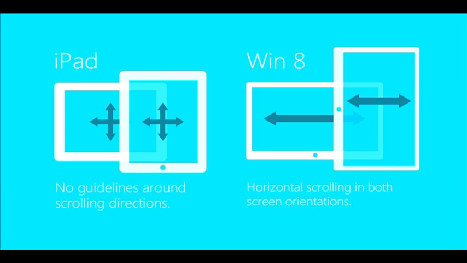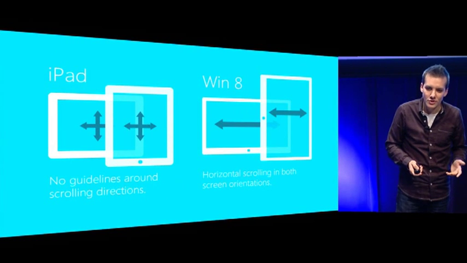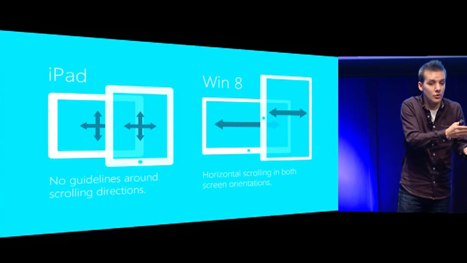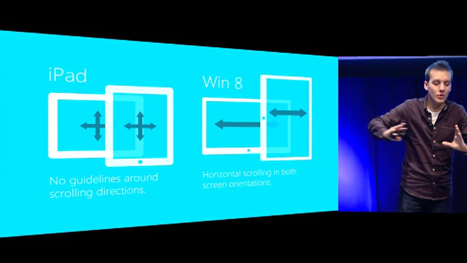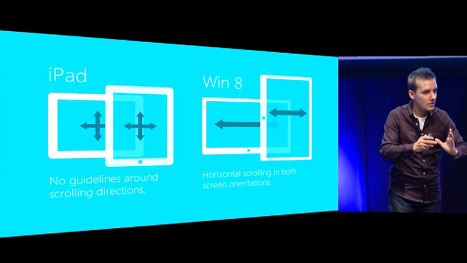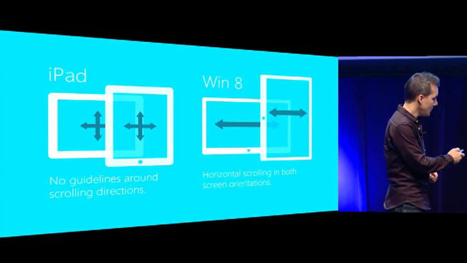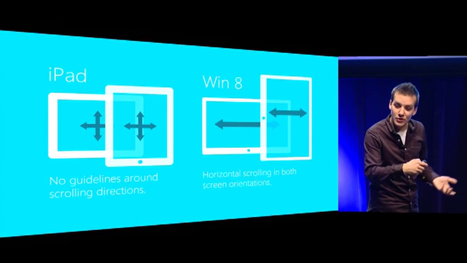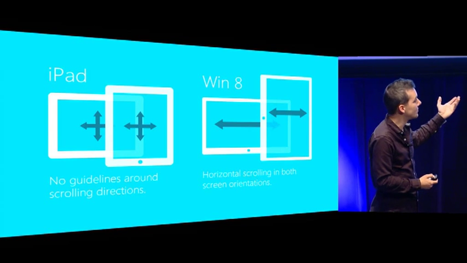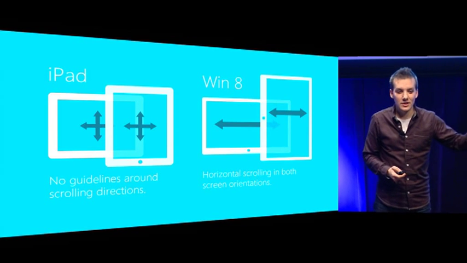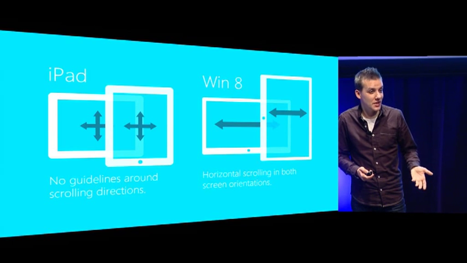So vertical scrolling, unlike what was said this morning, is not really advised. Scrolling in two directions is not really user-friendly, so just avoid it and try to wrap your content into a horizontal panoramic view. And the interesting thing is once you turn your tablet, once you go into portrait mode, this navigation direction remains.